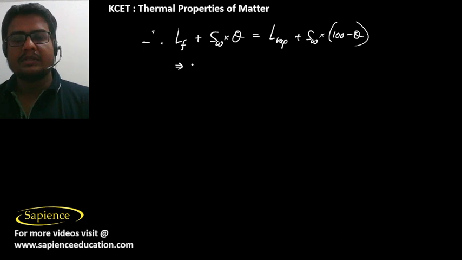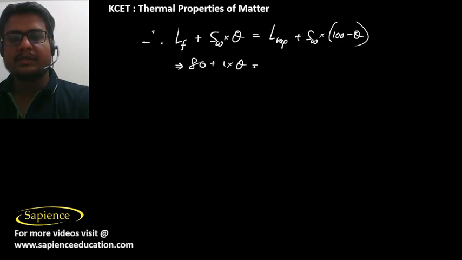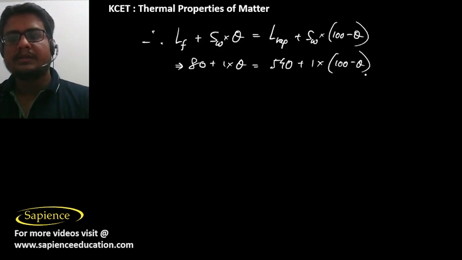So this will be latent heat of fusion, 80 plus 1 into theta, equal to latent heat of vaporization, 540 plus 1 into 100 minus theta. So this we will solve.